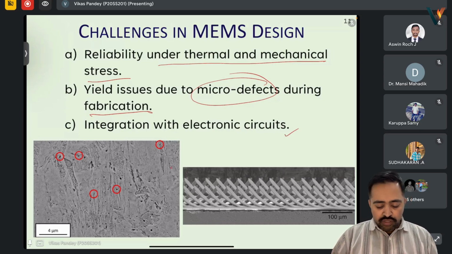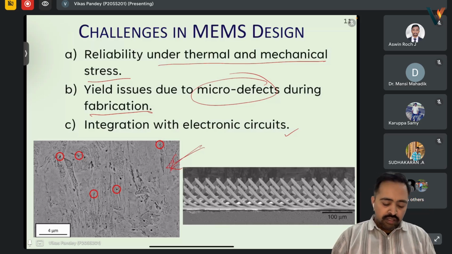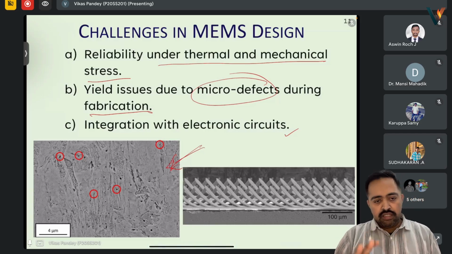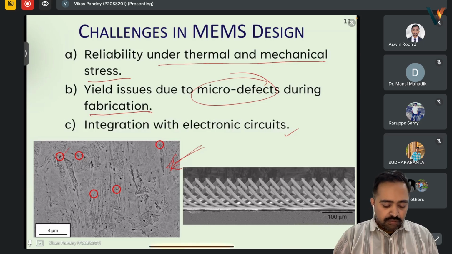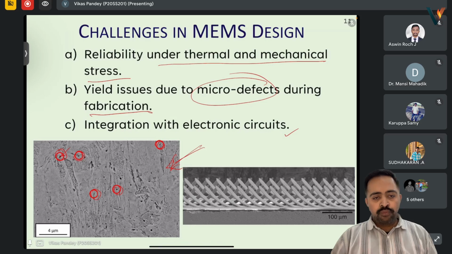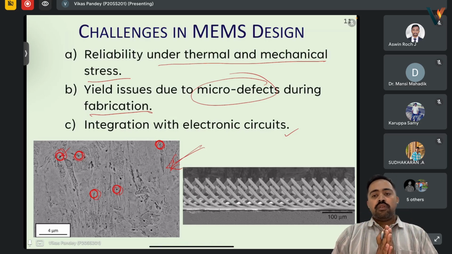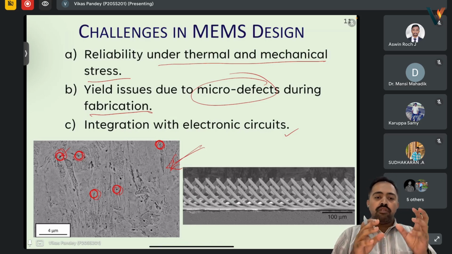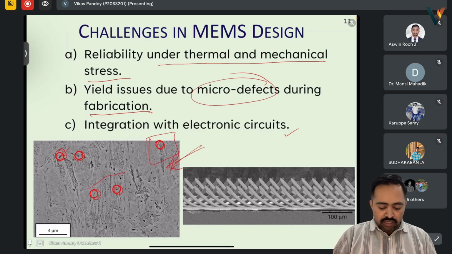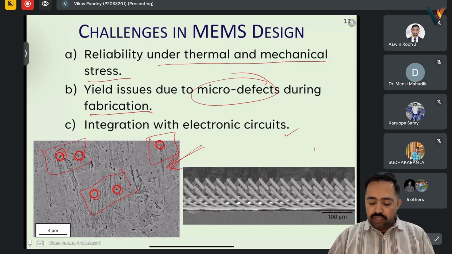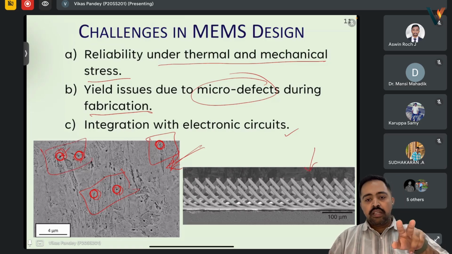If you see, this is the surface of a silicon wafer, and you see some film has been grown, and then there are some micro defects over it, and these defects will lead to degradation of the performance or failure of the devices that will be made in this region, this region, this region. If you see this, these are cantilever structures.